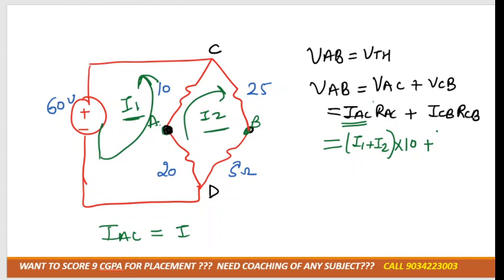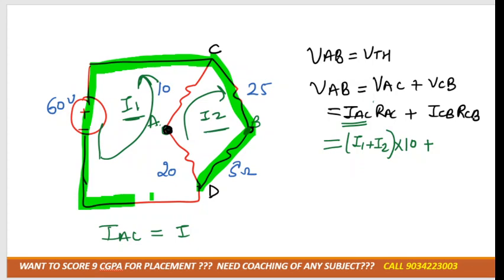ICB. The CB is the corner wall of your house or the middle wall. In the corner wall, is there a flow of single current or double current? So ICB would be equal to simple I2. Okay. Don't get confused.